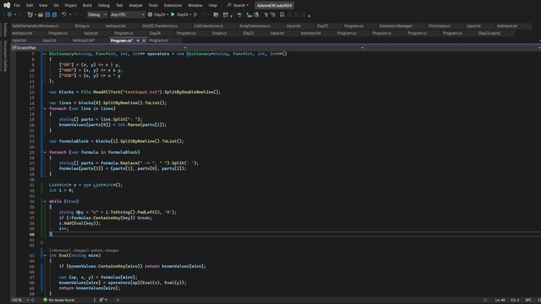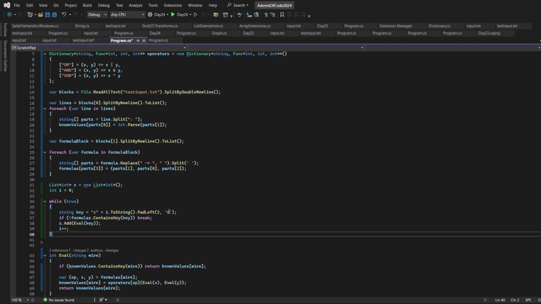So first we will construct our key, which will be Z, and we will always pad left. So we will always pad them with 0.